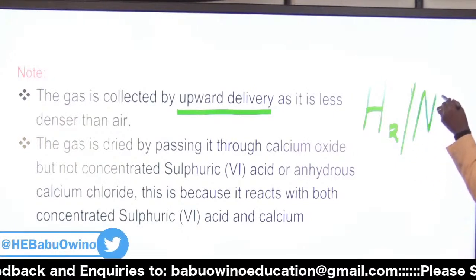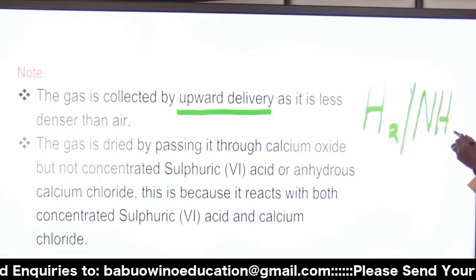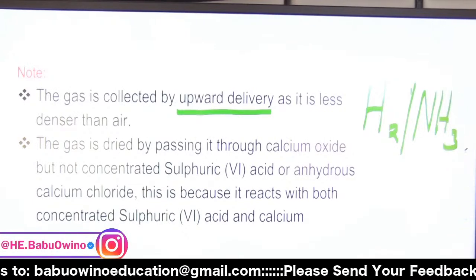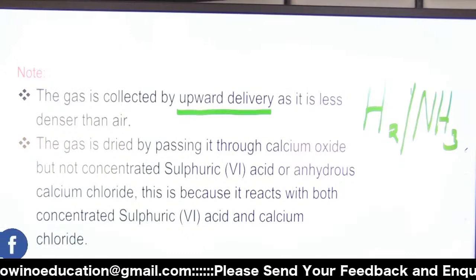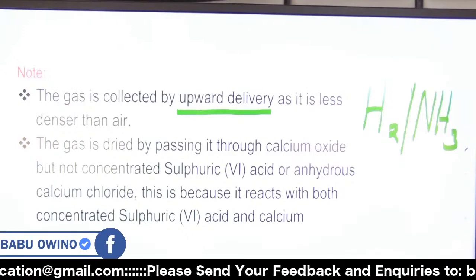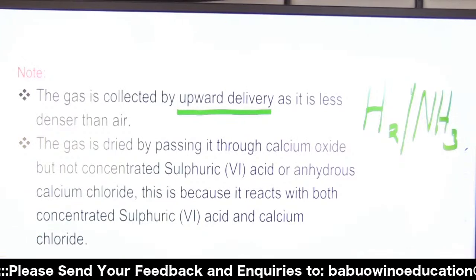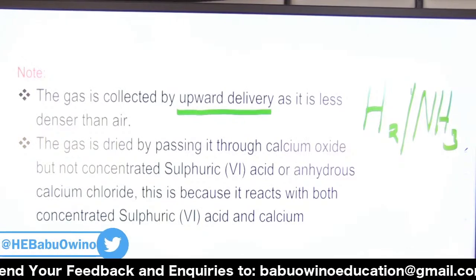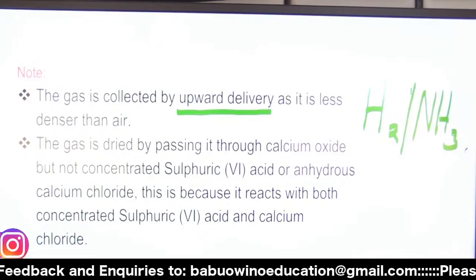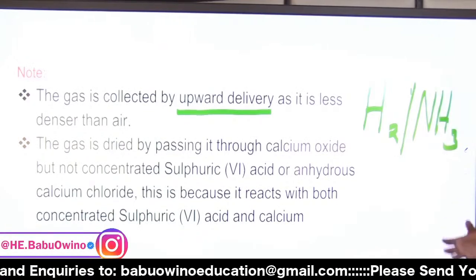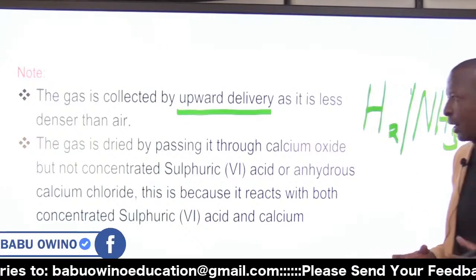These are the gases that are comfortably collected by upward delivery because they are purely less dense than air. The other gases are rarely collected by upward delivery because most of them, like carbon dioxide and oxygen gas, have a density almost close to that of air.